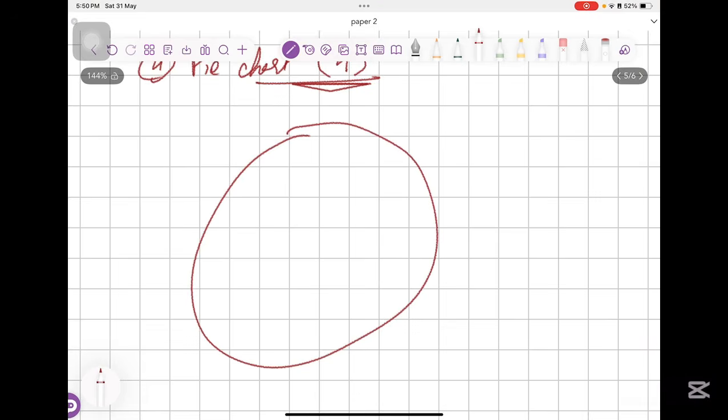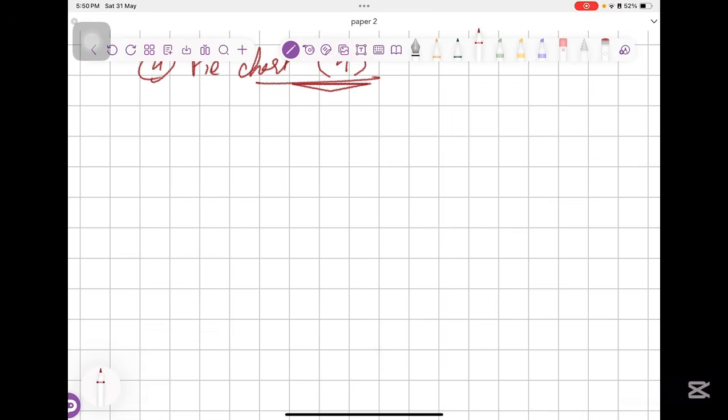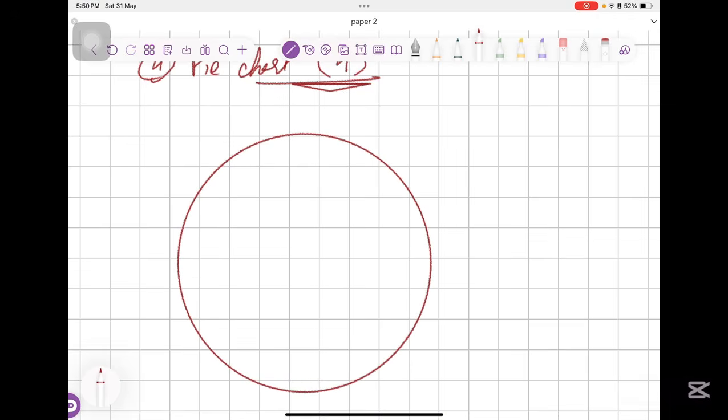You got your circle, okay? Pie charts, they always have a key. Always, forever. So first, number 1 is key. Number 2, label your axis. Why am I saying label your axis?